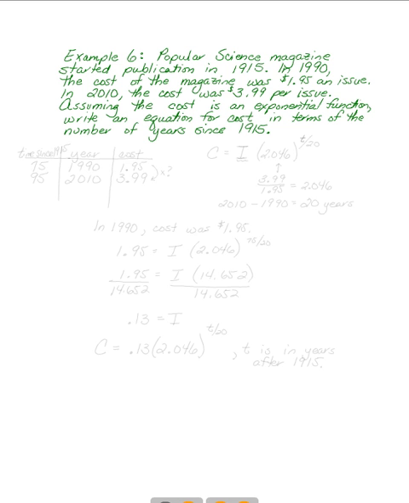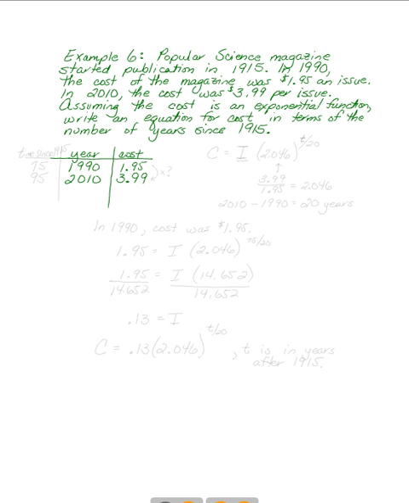Now let's look at how we are going to deal with this. What we know is that in year 1990 the cost of our magazine is $1.95. We know that in 2010 the cost of our magazine was $3.99. What we really are interested in, though, we don't want to use the actual year.